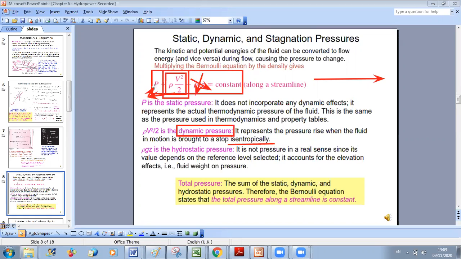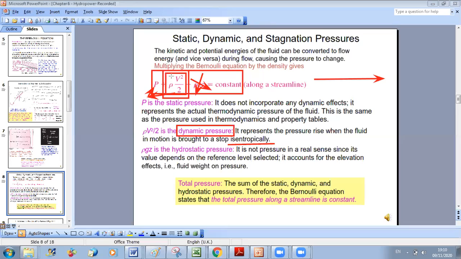This is why we say that rho V squared over 2 represents the increase in pressure if I force my fluid to stop in an isentropic way without losses. If I force it to stop, I should increase its pressure because energy is conserved. It will be transformed from kinetic to pressure energy, flow energy. So this is why we say that rho V squared over 2 is called dynamic pressure.